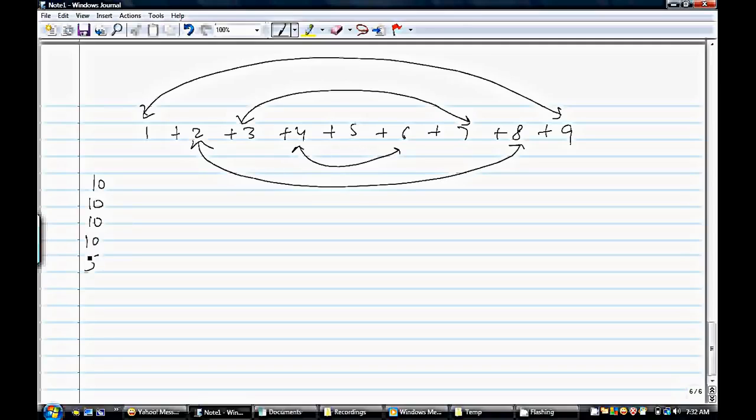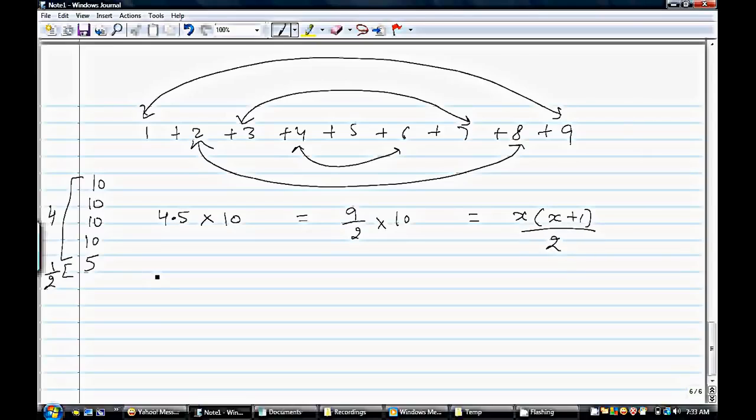So that is 5. If you add all this up, it will be 4.5. So we have 4 times 10 and half times 10. So 4.5 into 10, or that is 9 by 2 into 10. So that is equivalent to x into x plus 1 divided by 2.